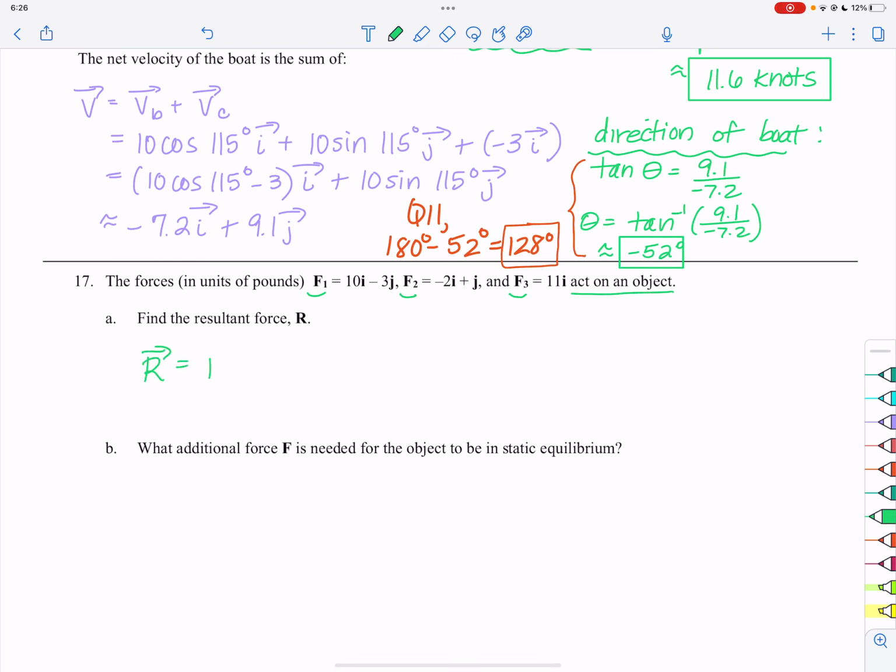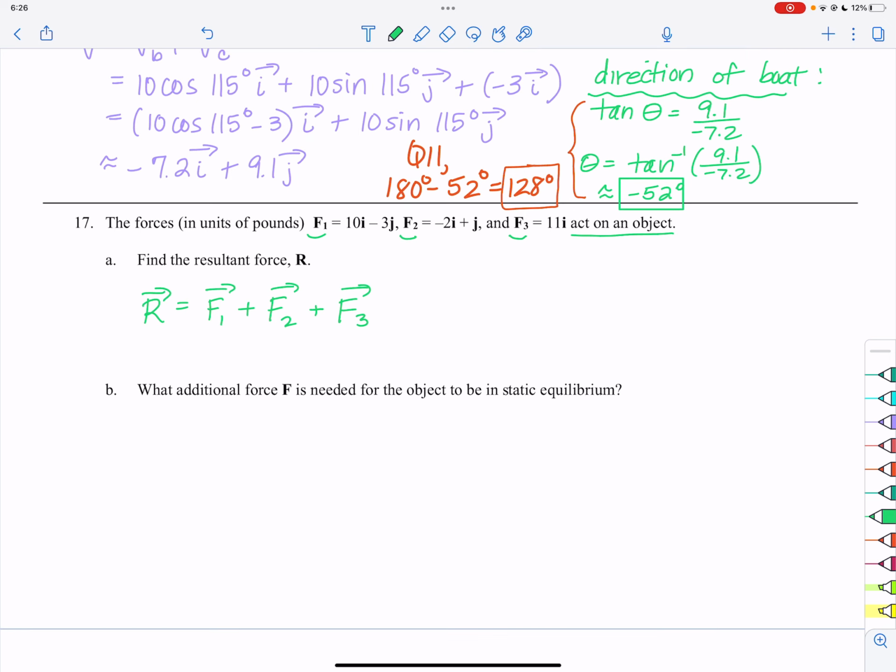And that is just going to be each one of these forces added together. And here we will have 10i minus 3j plus negative 2i plus 1j plus 11i.